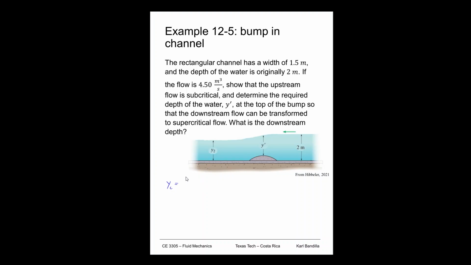YC is equal to Q squared over B squared times G, raised to the 1/3 power, I'm sorry.